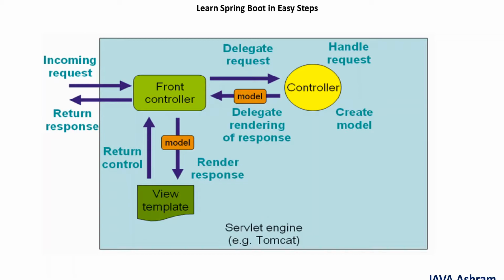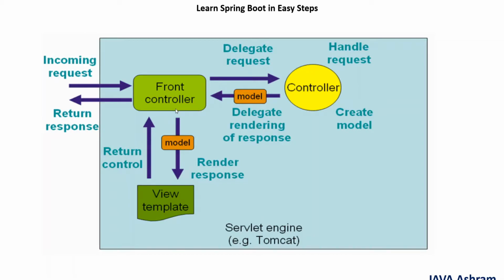If you see the broader level diagram, this diagram has been given by the Spring doc itself. Whenever a request comes in, it goes to the front controller, which knows where it needs to route. It delegates the request to the controller, which handles the request and creates a model, and thereafter delegates the request to render the response.